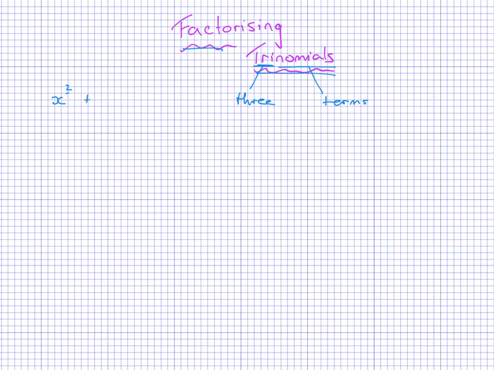So an example of a quadratic trinomial might be something like this. 1, 2, 3 terms. You can see that the first term has x squared, the second term has just x, and the constant has no x's. It could also look like this. It could look like this.